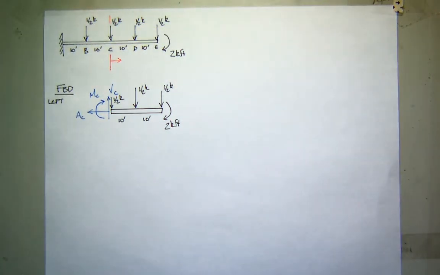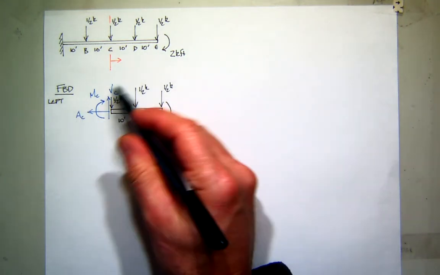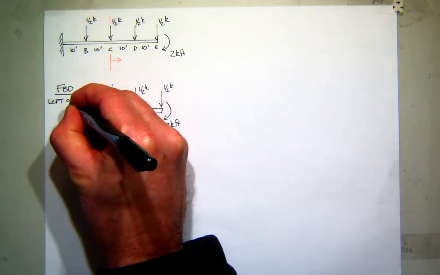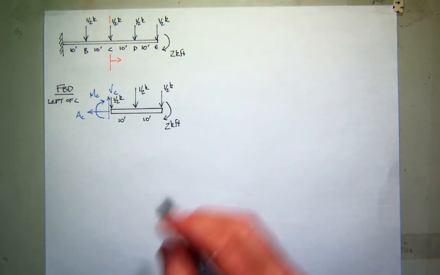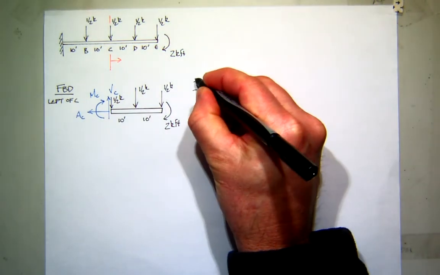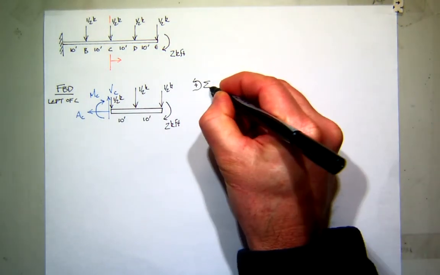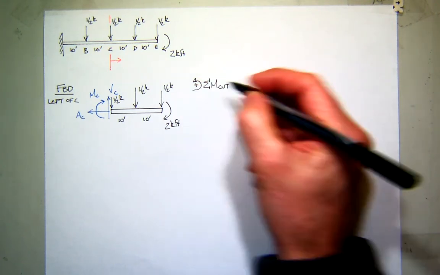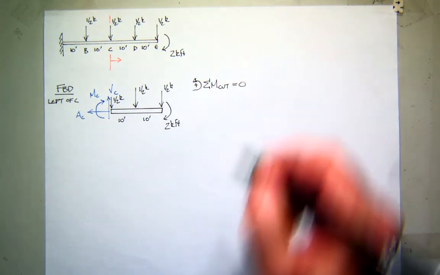Let's find out. So if this were the free body diagram just to the left, I'll say left of C. Then we always like to start with summing moments. I'm going to sum moments at the cut, assuming right-hand rule for my sign convention, to make sure this body's in equilibrium.